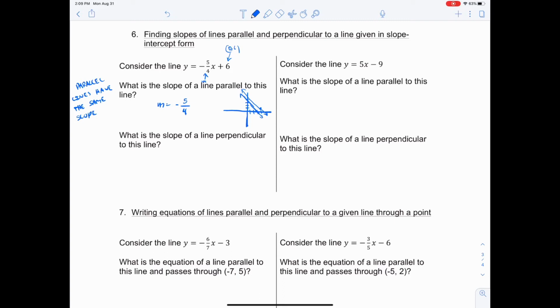What about perpendicular lines? What is the slope of a line perpendicular to this line? Well, when lines are perpendicular, or perpendicular lines, they have opposite, or in other words, reciprocal slopes.